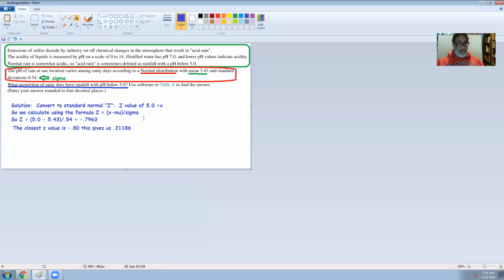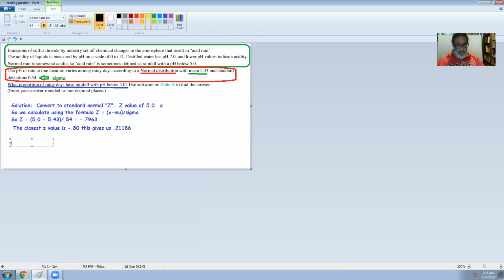Now, the rest of the video, I want to give you a different way. So suppose we want to use an online calculator. And if you know what this is with a numerical integral, you shouldn't be watching this video.